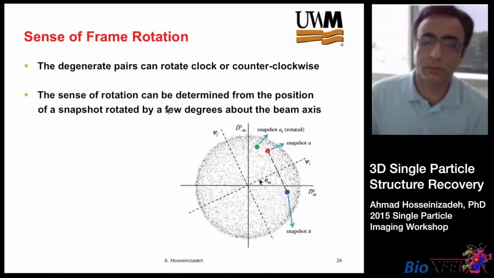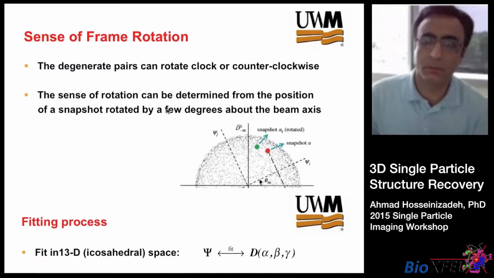After putting that into the diffusion map, we can see the rotated image is here or is here. Then we can identify whether it has rotated clockwise or counterclockwise. Then here we find the sense of rotation of the degenerate pair. And we have to fit it to the Wigner D function, because 3 of the degenerate pairs for the Wigner D functions rotate clockwise and 3 of them counterclockwise. So we have to match these together. If it is not rotated in the same way as the Wigner D function, we have to change the sign of the eigenvectors to make it the same sense, or the same direction.